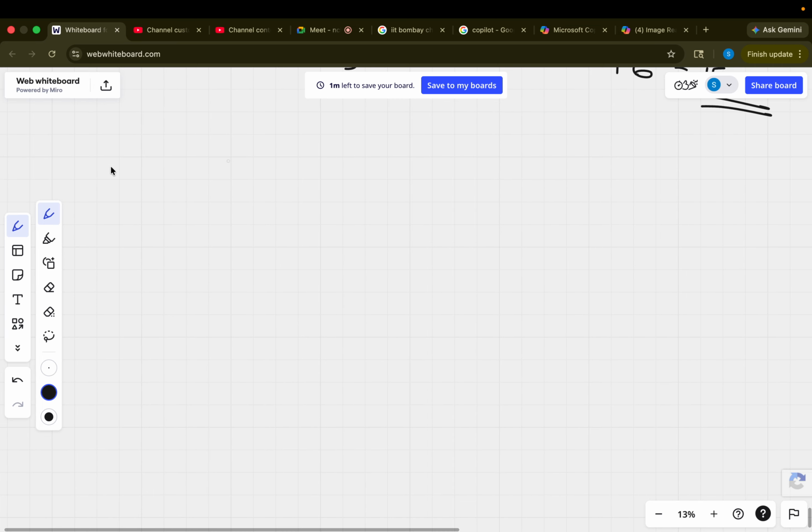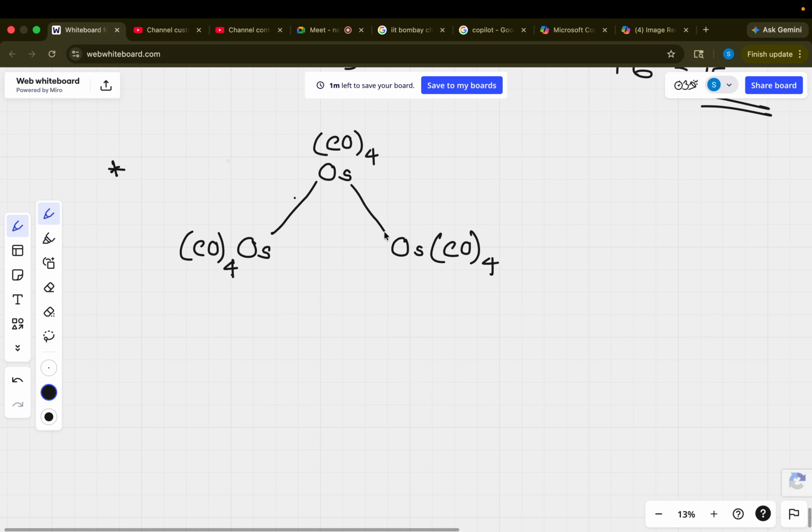Now suppose next you have osmium, then you have here CO whole 4. Osmium, CO whole 4. So now attach the metal center.